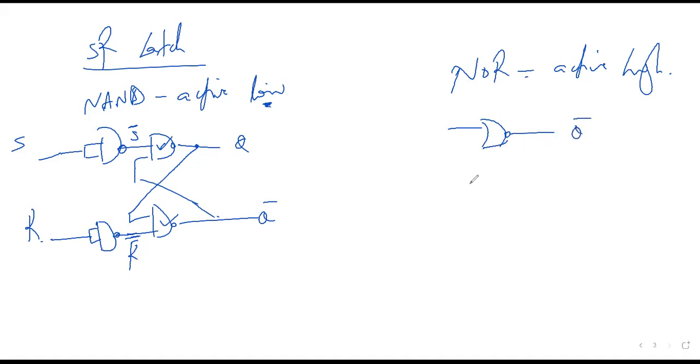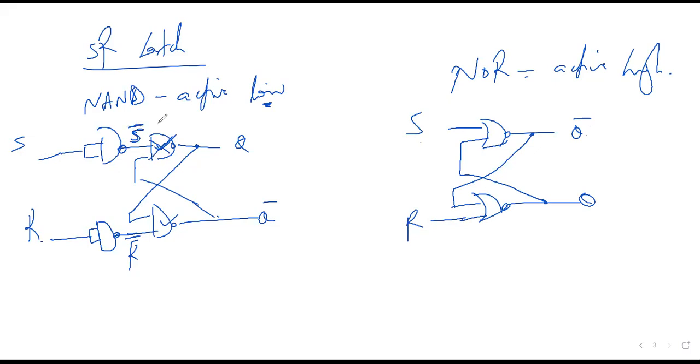So we have Q bar, we have Q. Output here, output here. You're supposed to know these things. Here, the input is high, and it gives you direct output. Here, the input is S bar. It is low. That's why it's called an active low. And this one is called an active high.